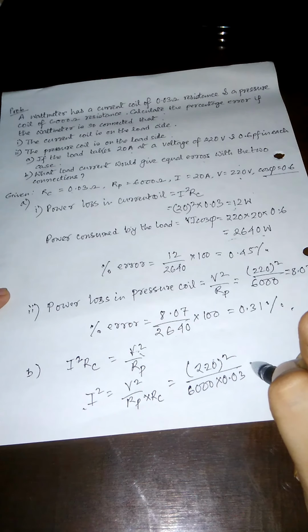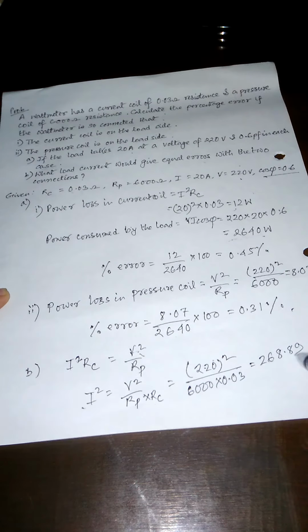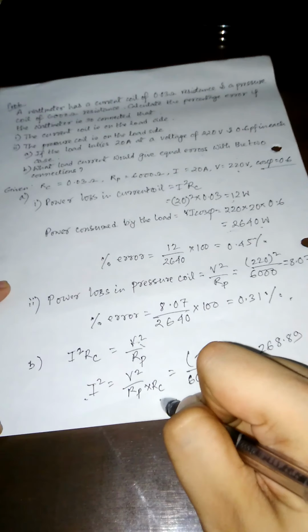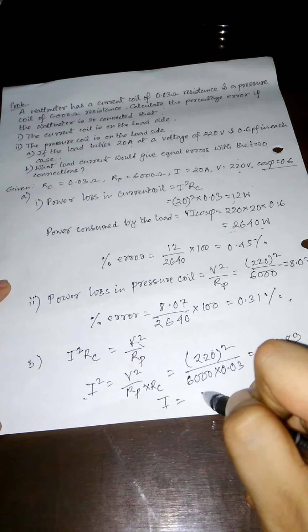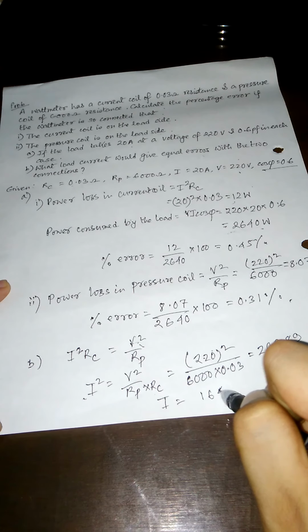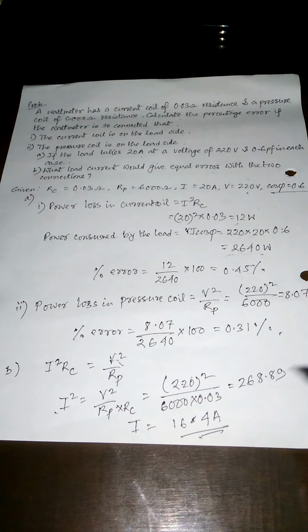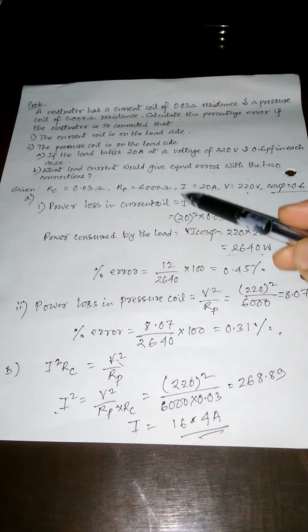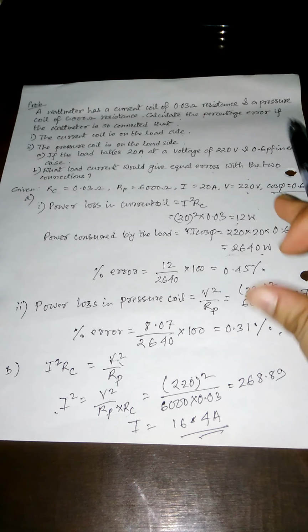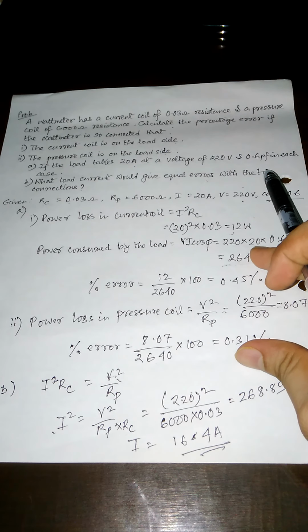So that is the value of I square. Now what will be the value of I? The square root of that, that means 16.4 ampere. So this is the load current for which the two errors for the two different connections of this wattmeter will be equal.